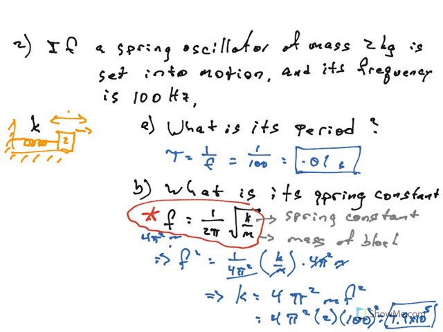All right. Now this third question, this is a nice one because it relates what we're doing now to conservation of energy from before. So let's go through that really quick.